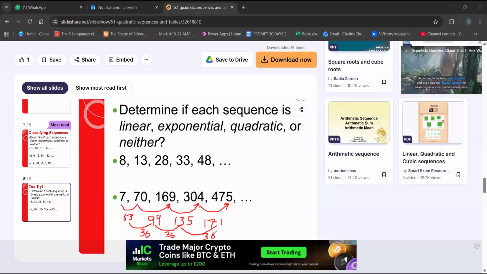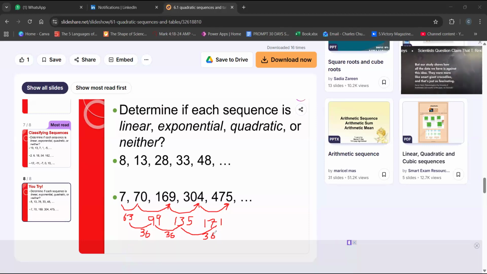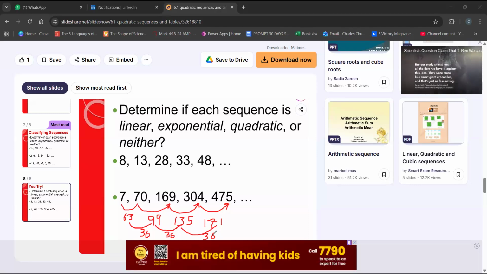So this particular material only has eight slides, so that's fine. I wanted to find out something. When you were doing arithmetic sequence, did you do the sum of an arithmetic sequence? Yes, we have the formula. Okay, good.